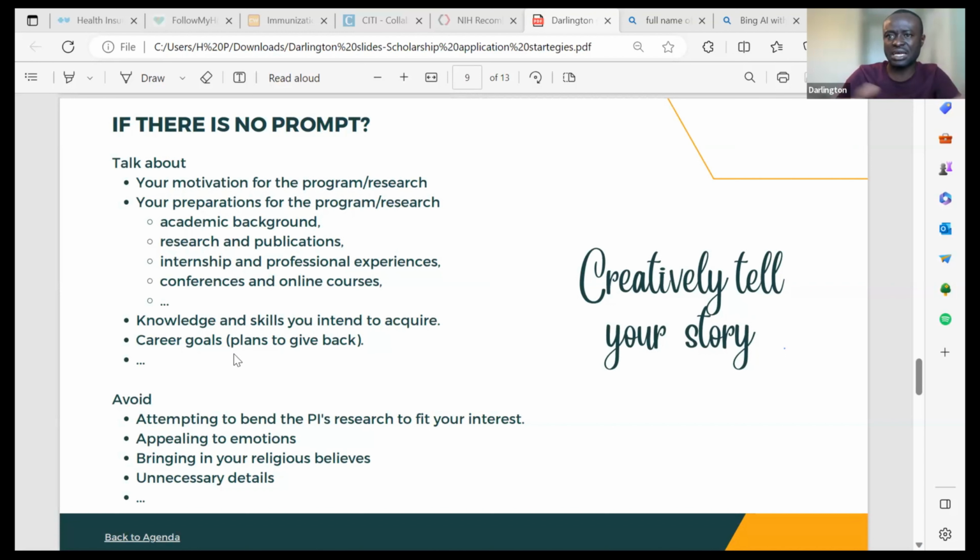You can never use that to sway professionals. They understand that you have your problems. Every other person has their problems, and they have what they are looking for. That distracts them and makes them not give much attention to the application, because you're already going off point and trying to appeal to emotions.